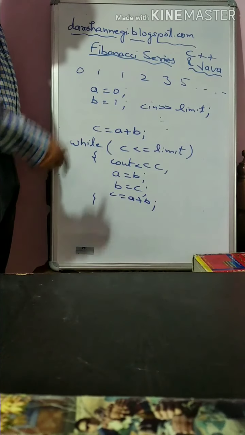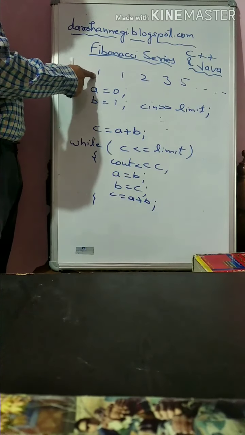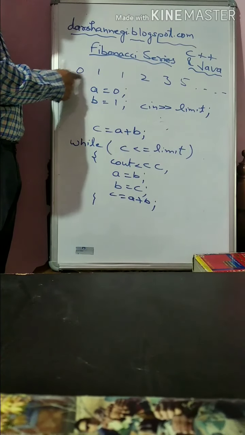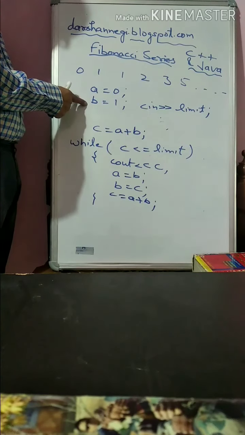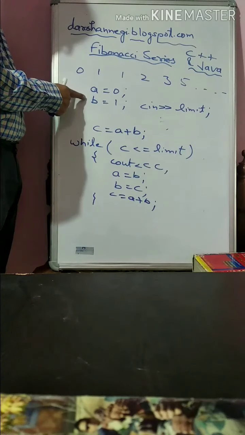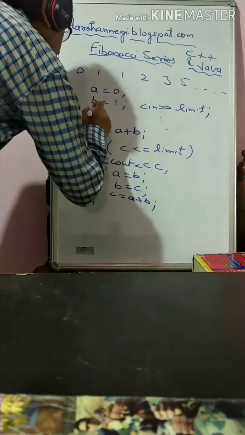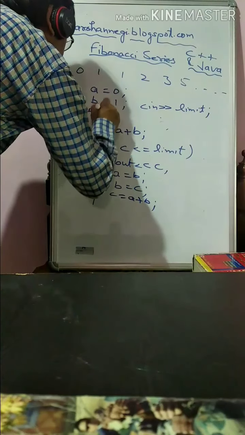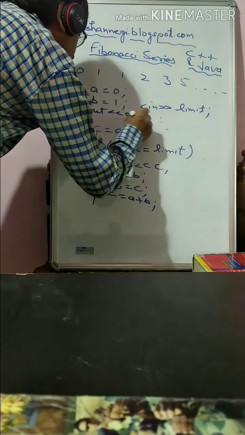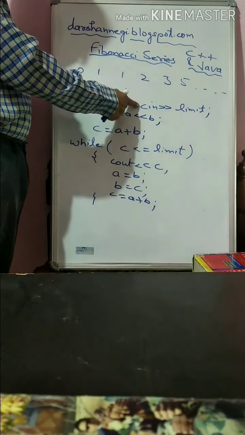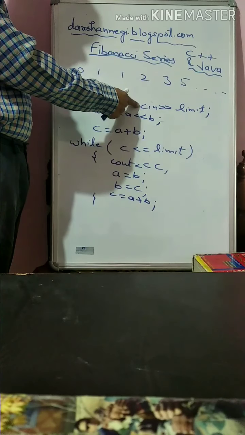To start with, as I have to display 0 and 1, I have stored the value of 0 and 1 in A and B variables, and after that I am displaying their values. Then I am also reading the value of the limit, that is the last Fibonacci number.